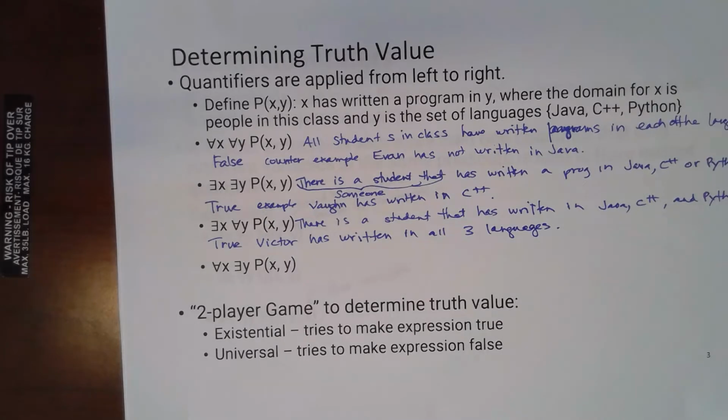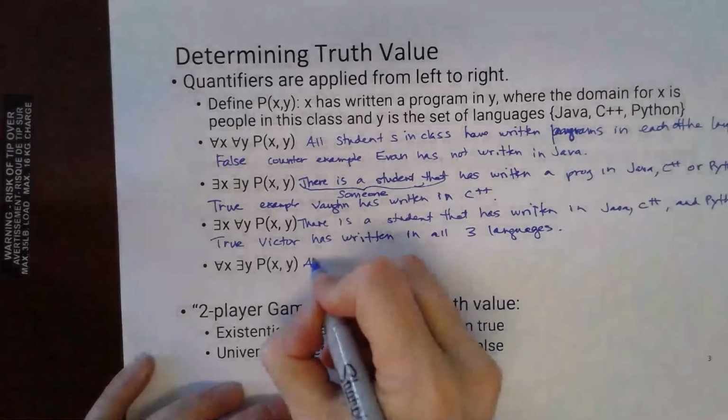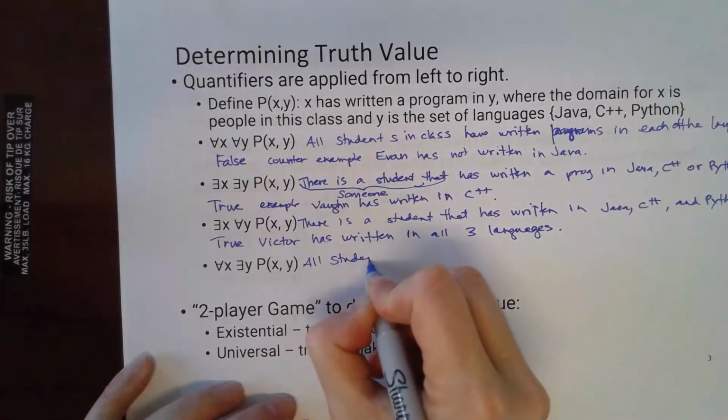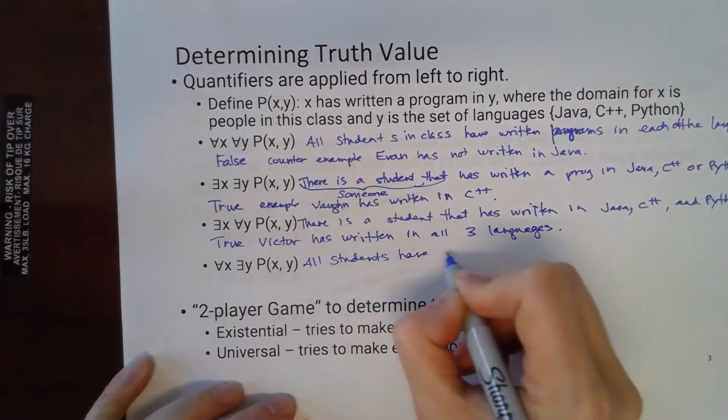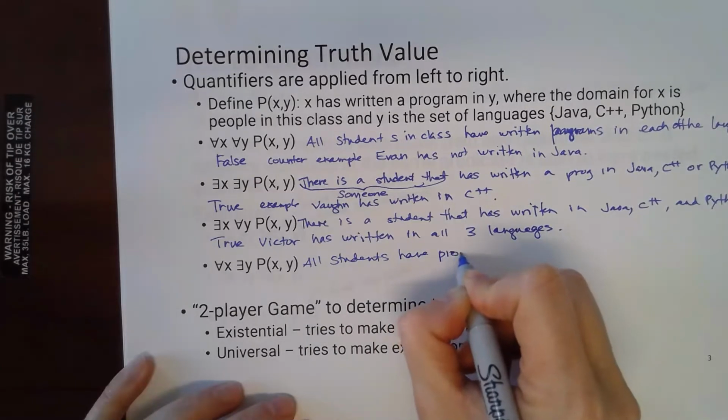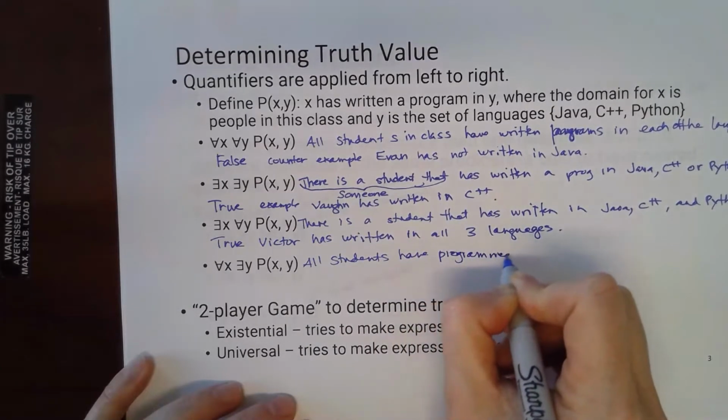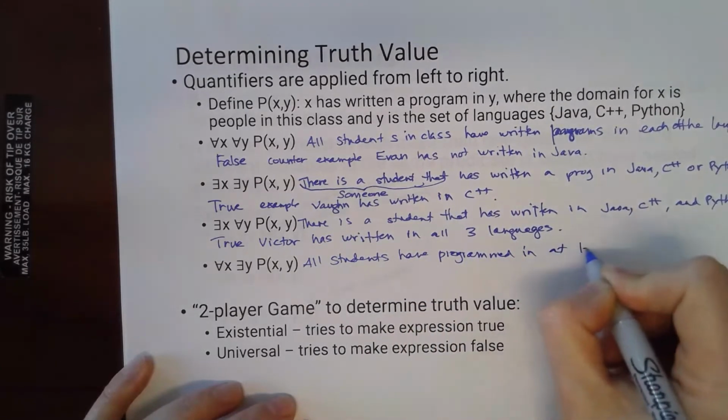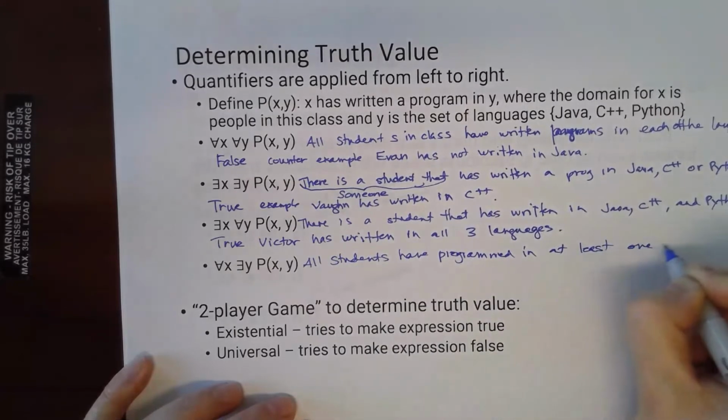Okay, and then the last one, for all x there exists a y such that P of x, y. What's that one saying? Go ahead. All students have programmed in at least one of the languages.